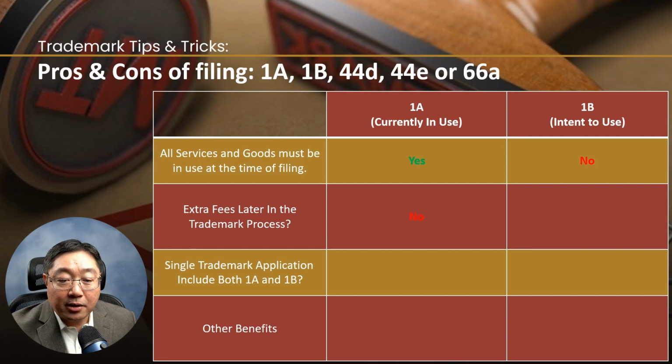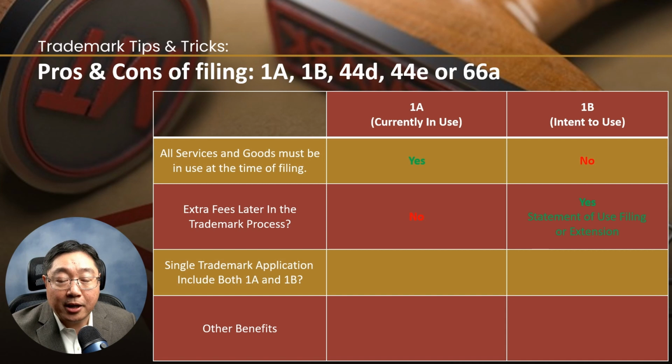All right. Are there later fees in the trademark application process? In the 1A application, no, generally not. Assuming that there are no other outstanding issues with the office action or third-party oppositions, and going through the normal process, there are no other fees. 1A applications already have the specimens submitted showing the examiner how you're using the mark in commerce, so there's generally not any extra fees.